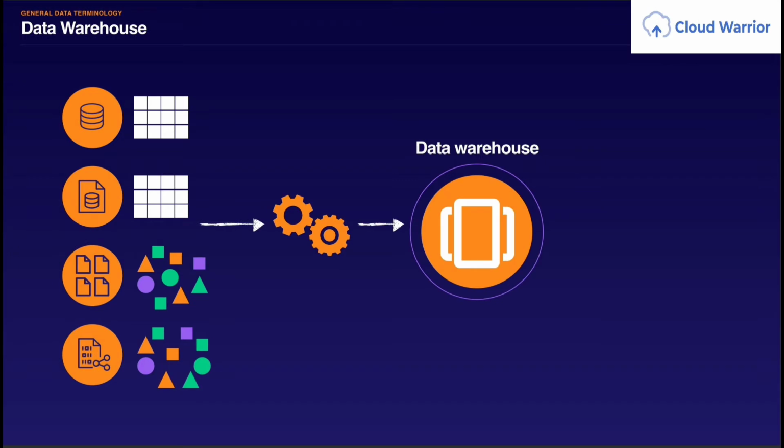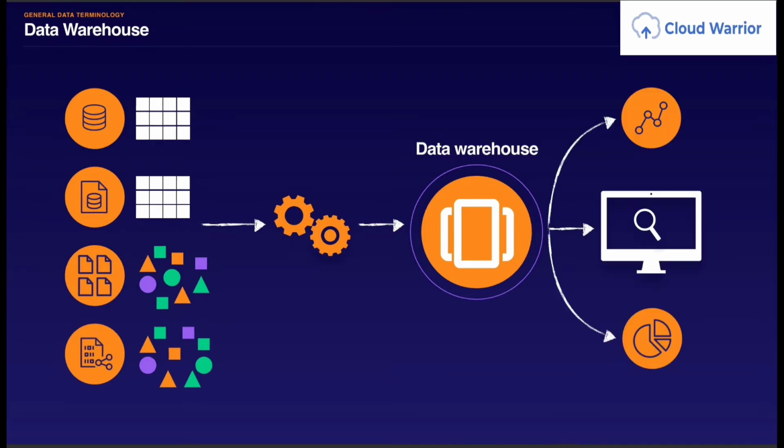And this is because the reason we want our information in a data warehouse is so we are able to run analytics, use BI tools, and find out important information about our data. Data warehouses are used to store petabytes and exabytes of data and give us the ability to analyze it more easily.